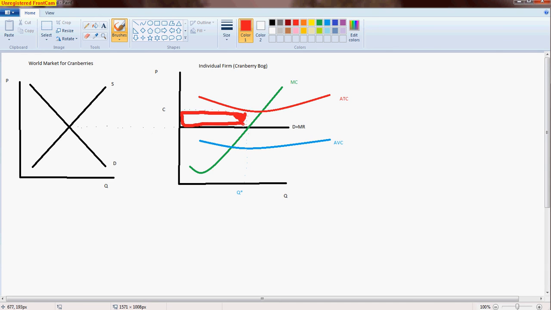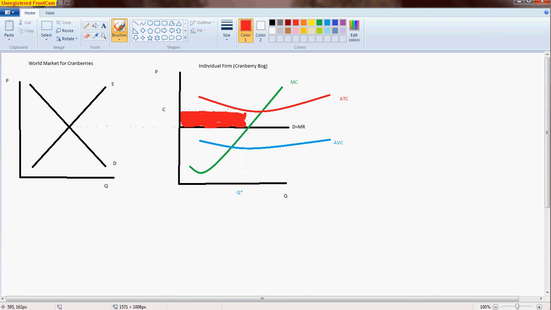Now, I mentioned before that with the average variable cost in here, you would be staying open in the short run probably for the firm, just because your average variable costs are lower than your average total costs. But if your average variable cost was higher than the demand curve, so if your average variable cost was up here somewhere, you would probably shut down because you wouldn't be making any money whatsoever.